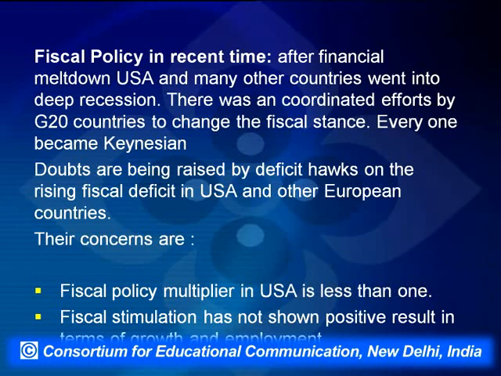Similarly, various doubts were raised in America about its rising fiscal deficit. The basic argument given by fiscal hawks is that the fiscal policy multiplier in America is less than 1.